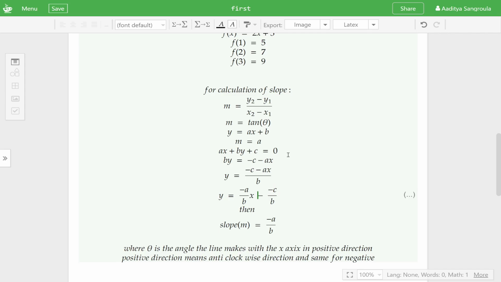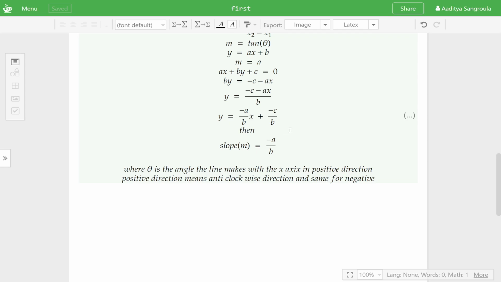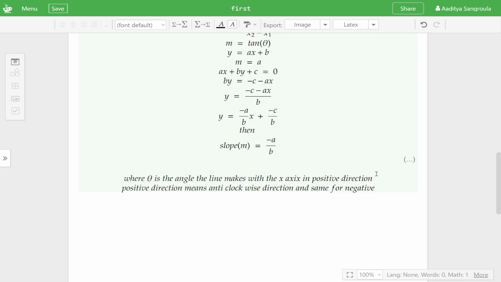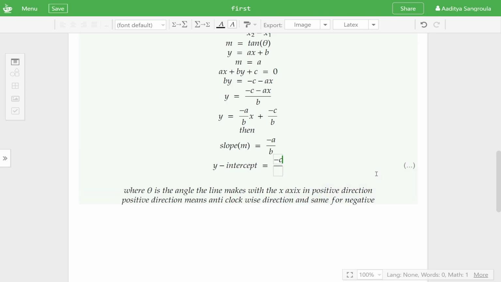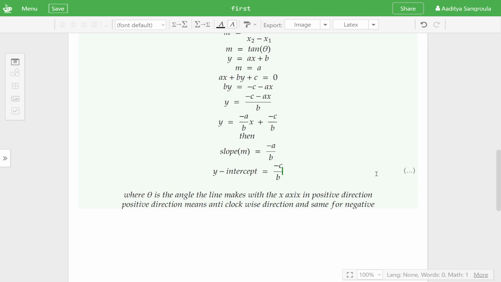That's plus times minus is minus. If we look at this carefully and compare this to y equals mx plus c, then x is x, m is minus a over b, and c is minus c over b. So simple thing, right? Then the y-intercept is going to be minus c over b. So this is the thing.